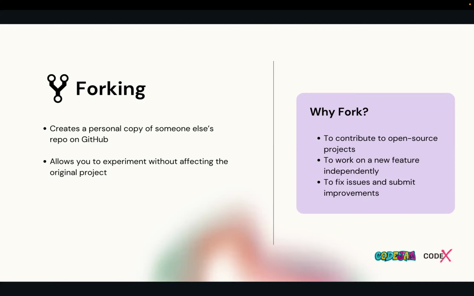I told you guys that forking is basically to get a working copy of a publicly available, or else a corporate project, to your personal GitHub account, or into one of your organizations. So that's the main use case of forking.